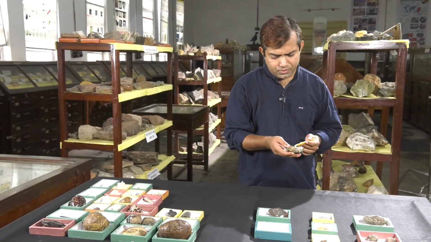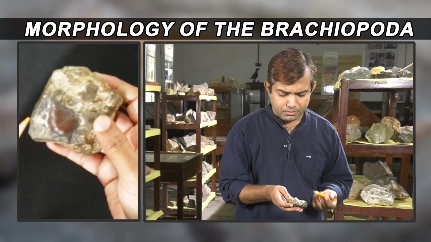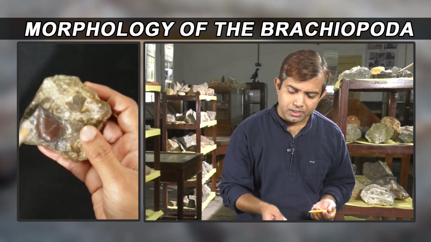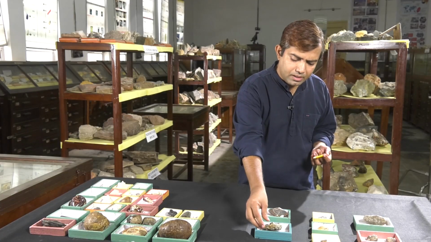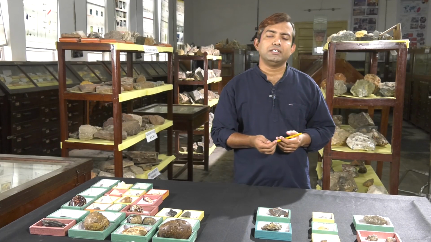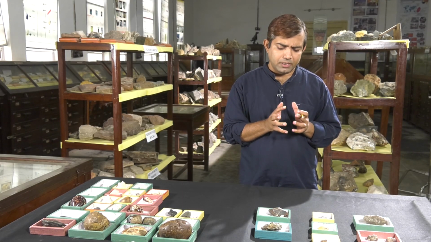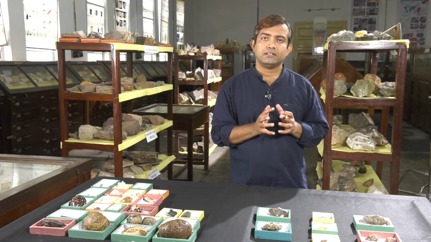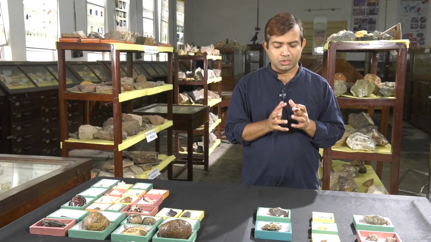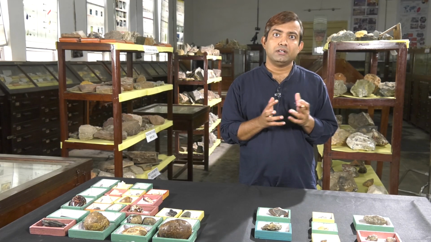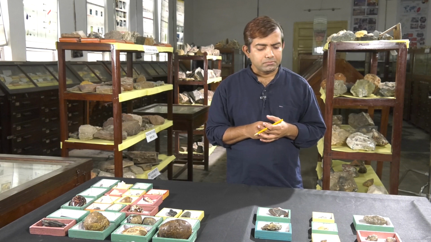This one is half concealed in the sediment, so I am not able to show you the exact form of the shell. This is because of the divaricator muscle, which holds both the walls so tightly that even after the death of the organism, the walls don't become disarticulated.